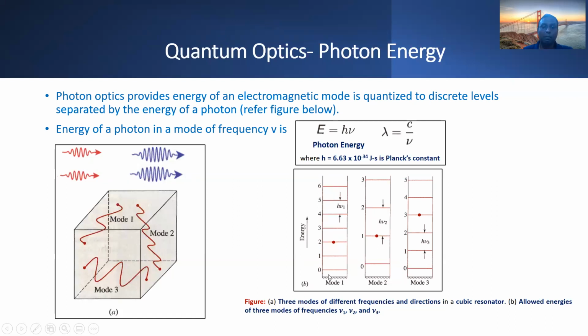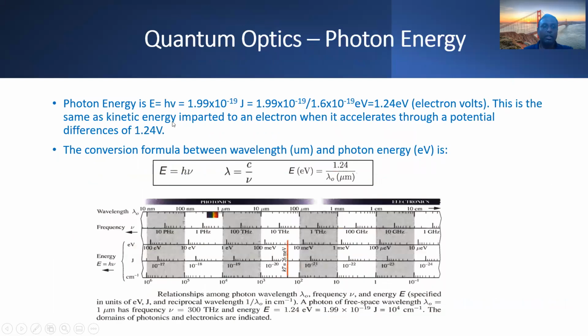We get the energy following the frequency v1, which corresponds to lambda 1. Then mode 2 goes into v2, when it transfers from one energy level to another. And mode 3 uses the frequency v3.